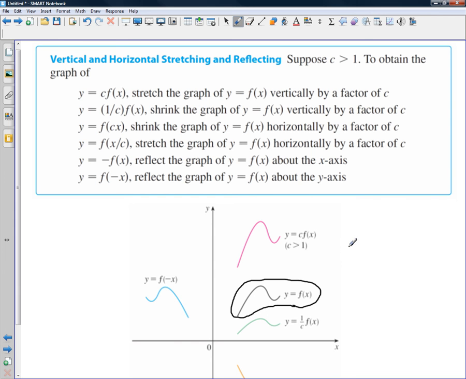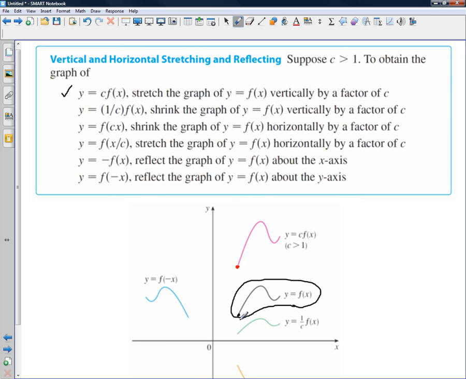If I take and multiply the function by a number greater than 1, if I double it or triple it or whatever, every value of the function is now twice as much, or perhaps with this red one as it's drawn, based on the scale, I'm thinking it's about 3 times as much.